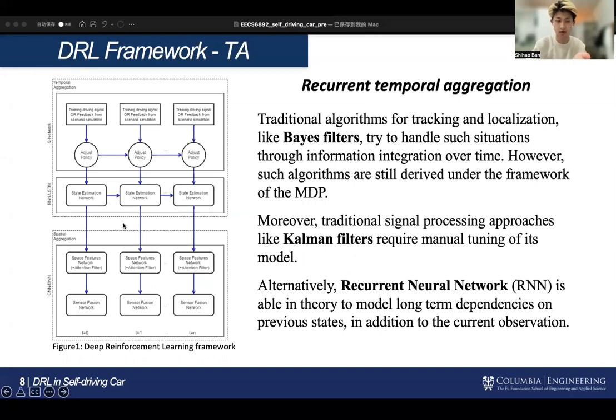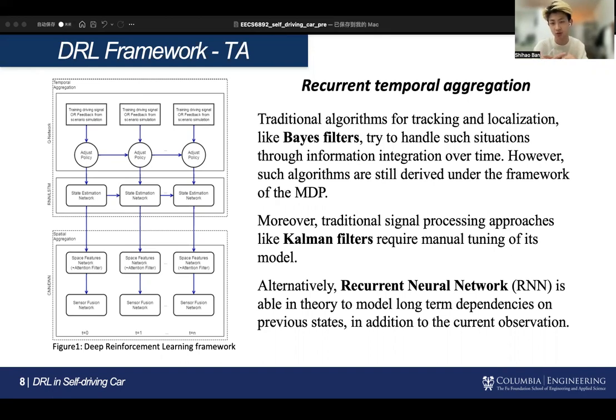And we also got the top part, which is the temporal part, right? Traditional algorithms for tracking and localization, like the Bayes filter, try to handle such situations through information integration over time. However, such algorithms are still derived under the framework of MDP.